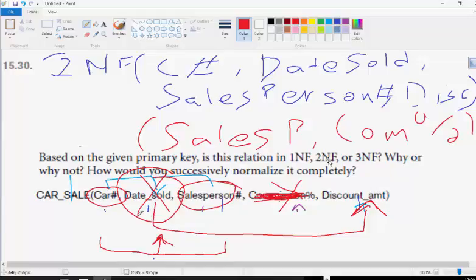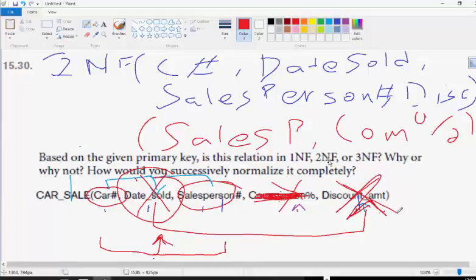Salesperson stays. Now salesperson, date, car number, and discount are there. But salesperson and car give date sold, and then date sold leads to discount amount. That means I have transitivity. So for third normal form, I have to remove, not date sold, discount amount has to leave.